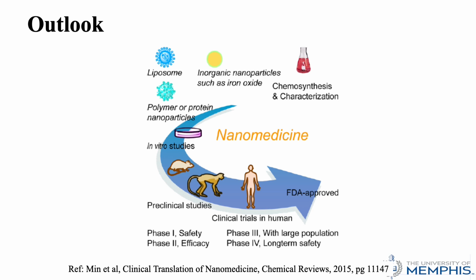In order to apply to any real FDA approved application, you will have to go through in vitro study, animal studies, and clinical trials in humans. You will go through phase 1 safety, phase 2 efficacy, phase 3 with large population or long-term safety monitoring. So this is an area that needs a lot of future STEM workers to be prepared to be engaged in the study.